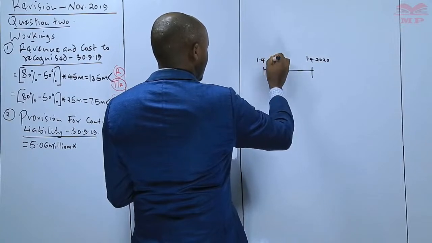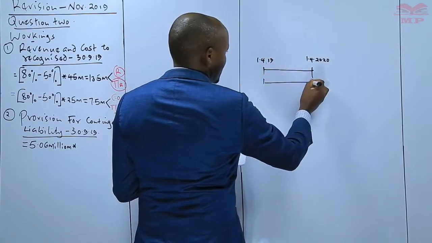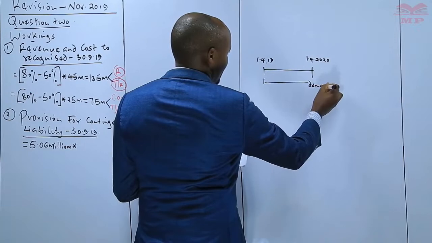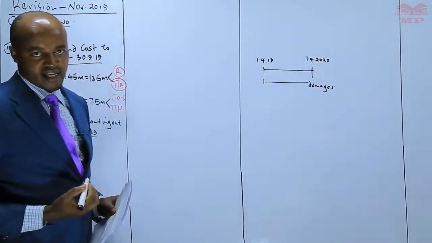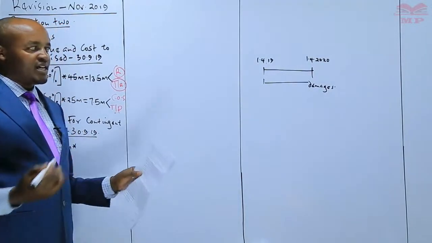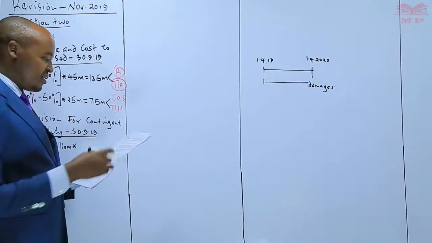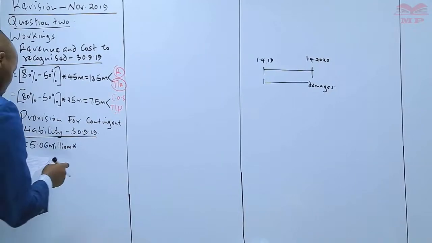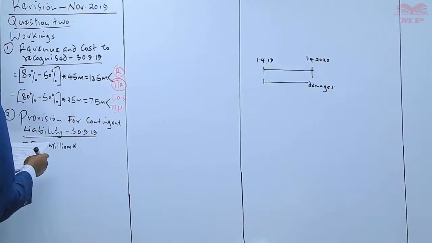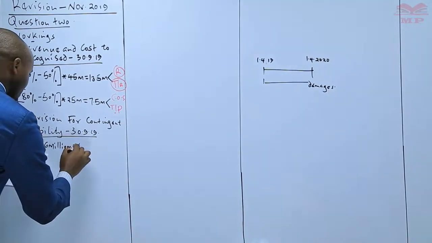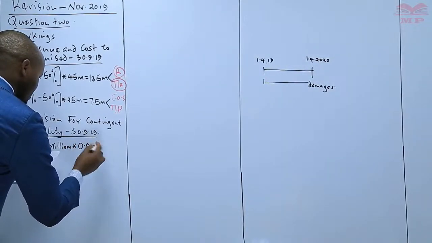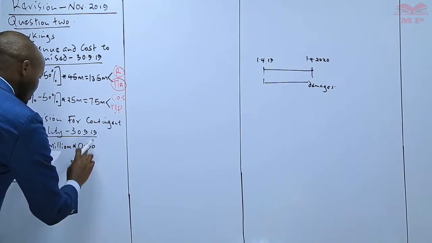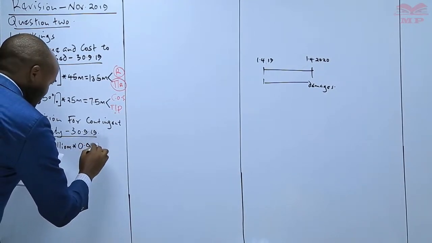So what that means is that these particular damages will be required to be paid by the company in 1 year's time. So therefore what we need to do is to discount that, and for us to discount that we need to multiply it with the present value interest factor, which we are given as 0.9091.